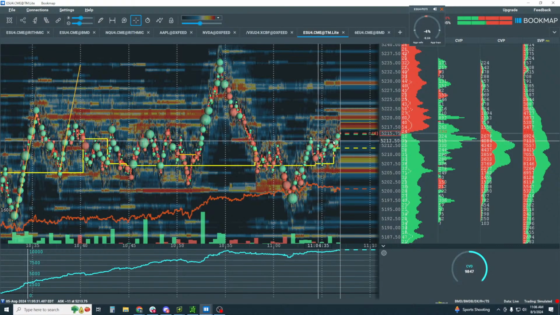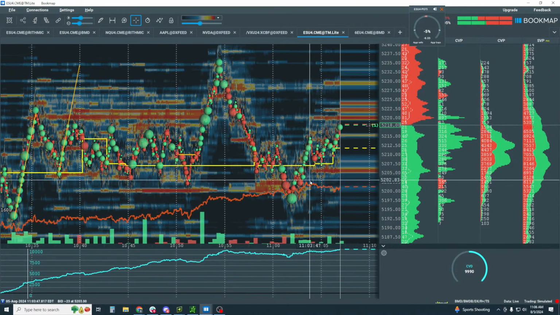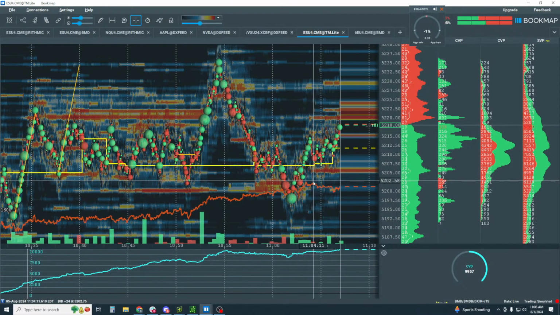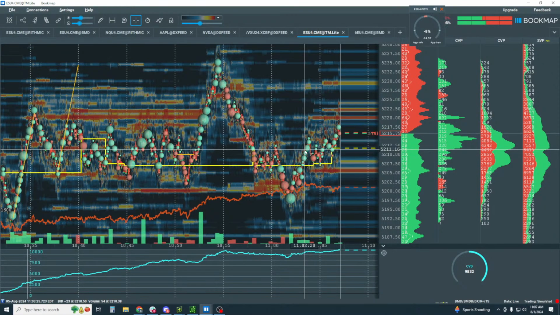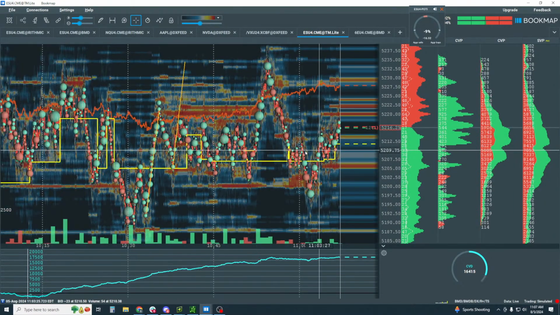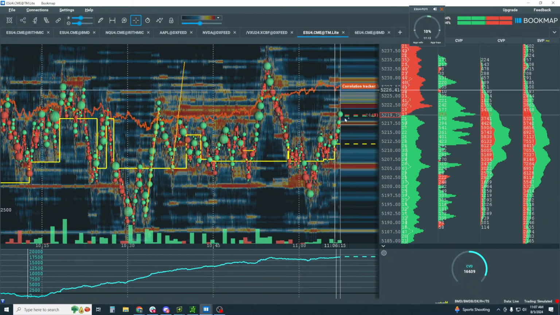Okay, so it's kind of taking a rest here. Now we're looking for the move back up. Eurodollar also going up, so everything looking good here.